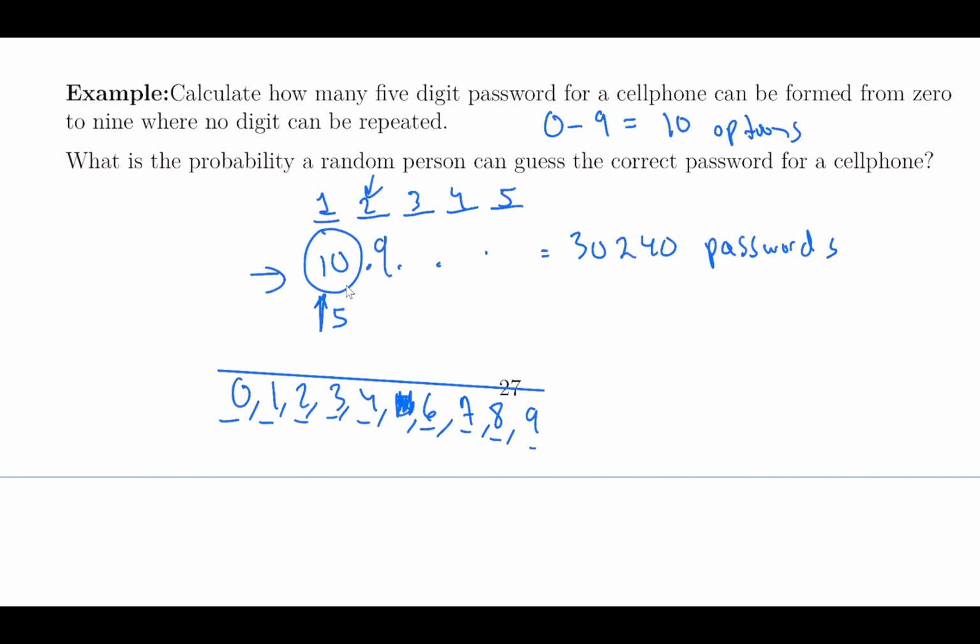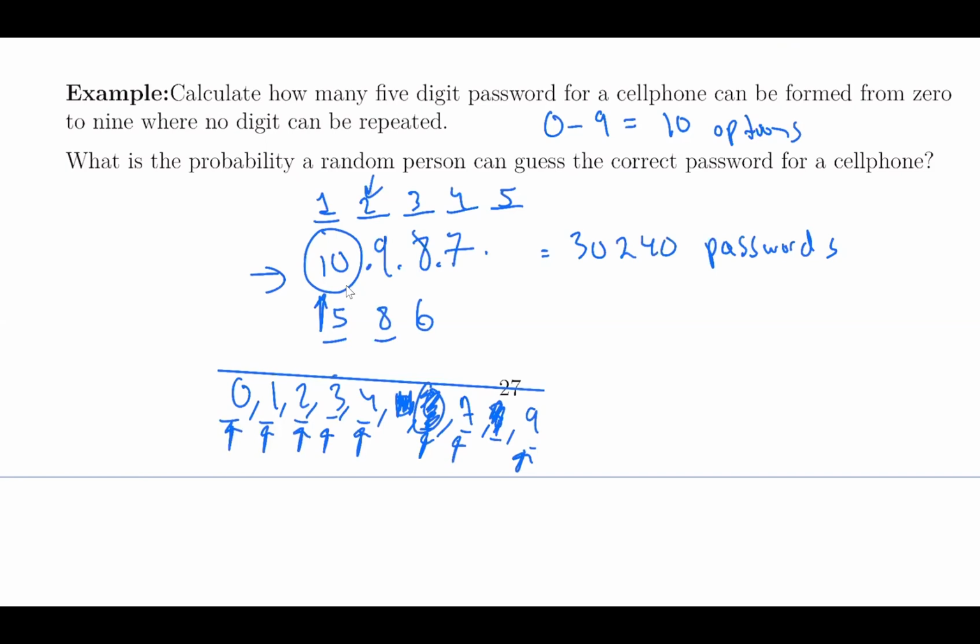So say I choose for my second number, let's say I choose 8. So that's my second digit. So that means I can't use 8 anymore. So that means I have 1, 2, 3, 4, 5, 6, 7, 8 numbers I could choose from now. So say for my third number, I choose 6. So now I can't use 6 anymore when I'm choosing the 4th, so I only have 7 options.